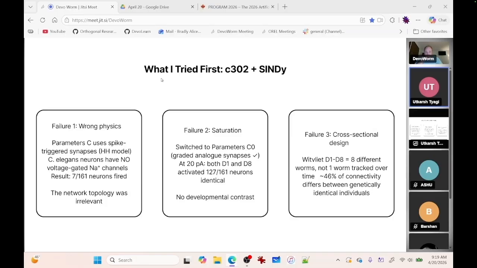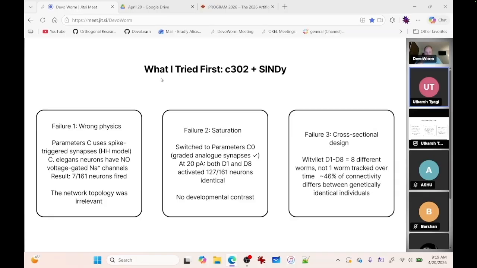So he tried this combination of C302 and Cindy, and basically he found that because it's not specialized for development, it's not a very good model, at least out of the box or initially. So you have the wrong physics a lot of the time.